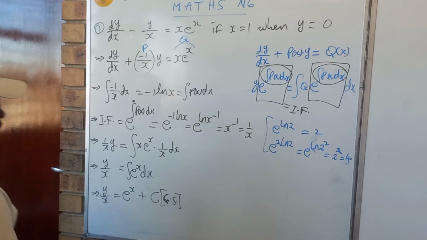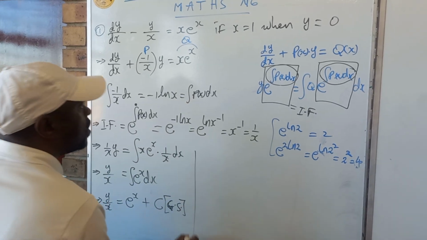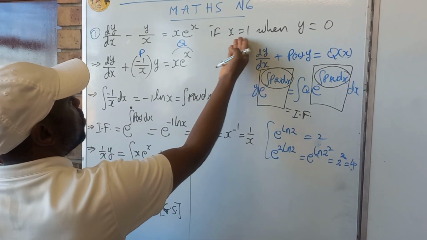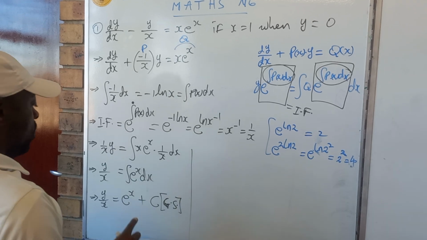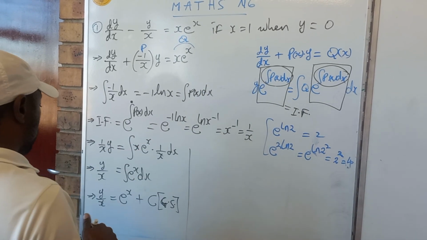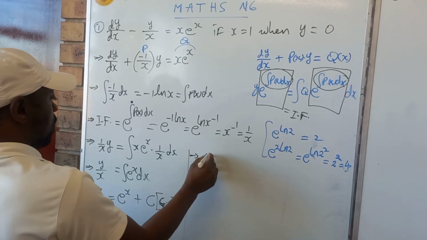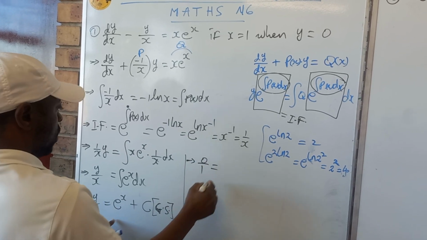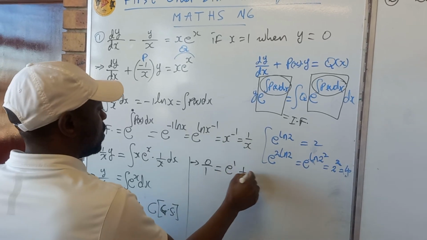So if a problem was saying solve for the general solution, you obviously end it. But immediately you see a problem giving you conditions like x equal to 1 when y is 0, and they are looking for a particular solution, that means you must solve for c by replacing x by 1 and y by 0. So if we do that into the general solution, we'll get 0 over 1 is equal to e to the power 1 plus c.